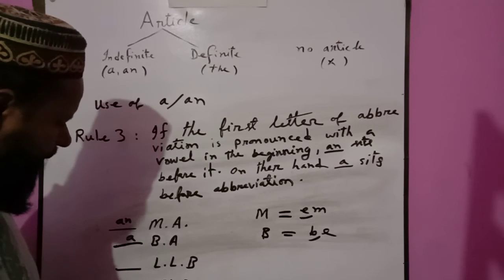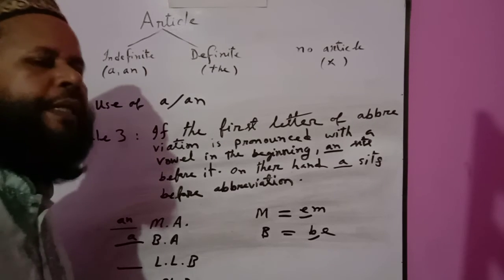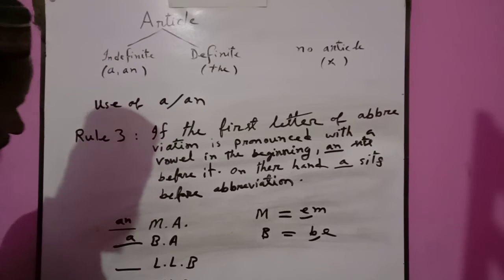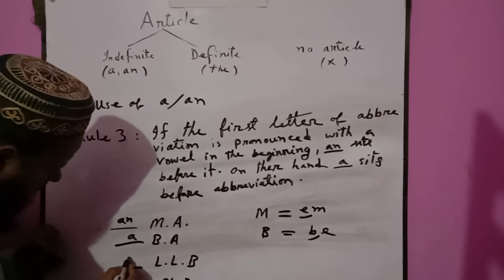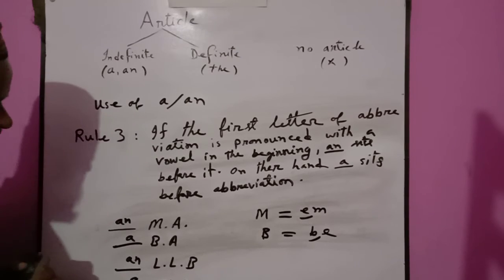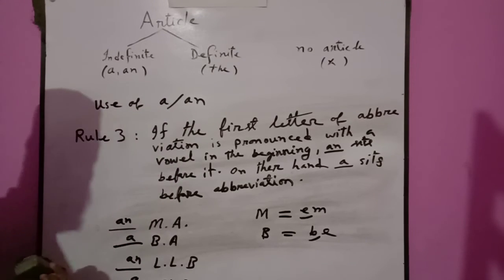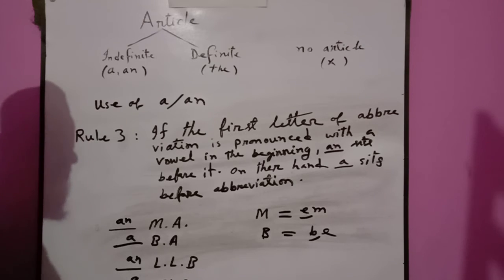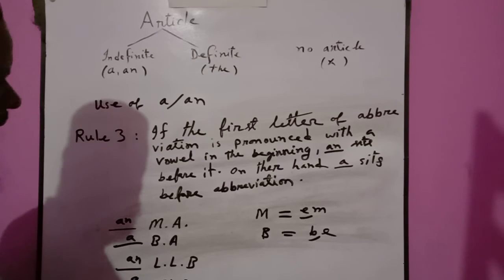But PhD, the first letter is P, pronounced PE. So we shall use a. An LLB, a PhD. I think you can understand the use of a or an as article.